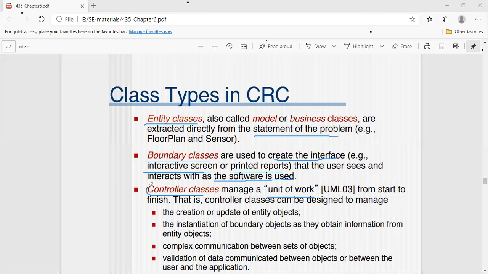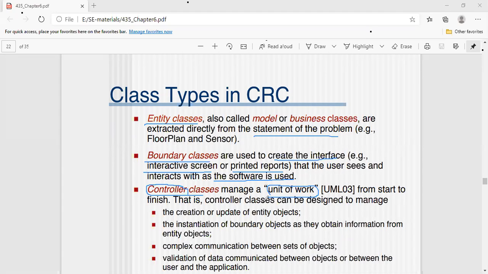The name itself has some action: controlling or managing things. So these manage or control some unit of work, or some part of a work, from starting to ending, right?